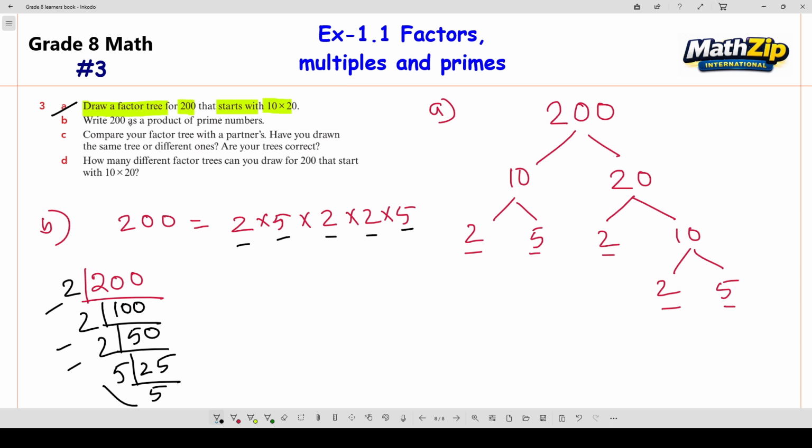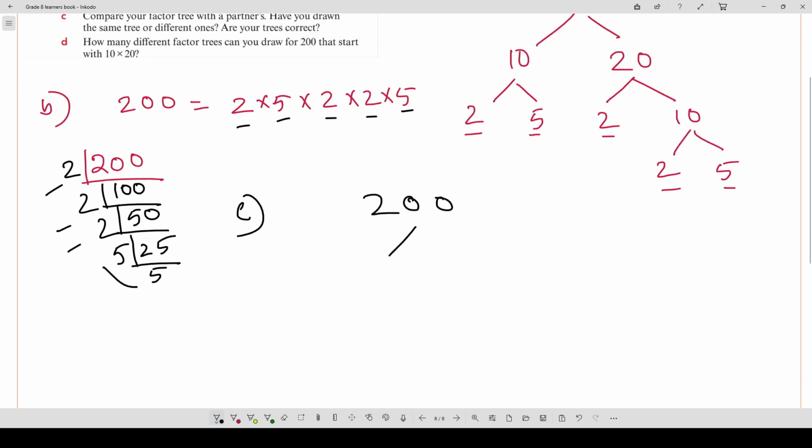Now write 200 as a product of prime numbers. Number B also done. Number C, compare your factor tree with partners. Have you drawn the same tree or different ones? Are your trees correct? So we can write different trees, like this is 200. We can start from 4 times 50, right?